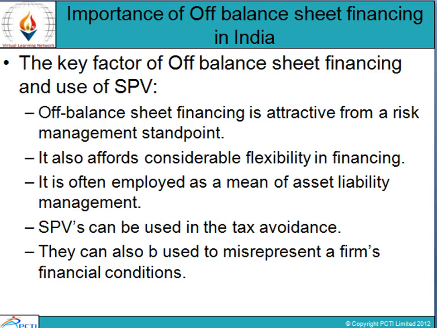So banks use off-balance sheet financing to achieve various reductions in their regulatory capital requirements. The last is they can also be used to misrepresent a firm's financial condition. So prior to its bankruptcy, when we take the example of Enron, it created a number of SPVs and used them to hide billions of dollars in debts.